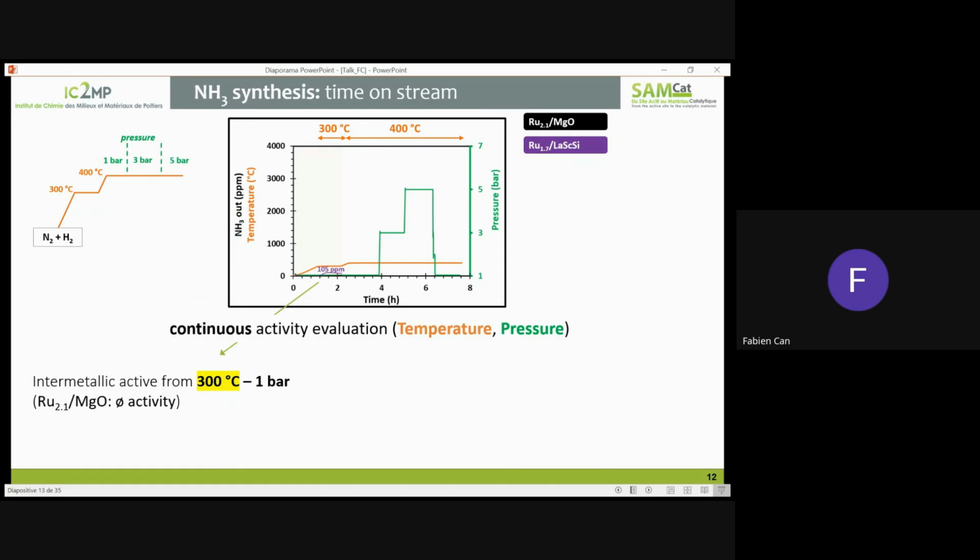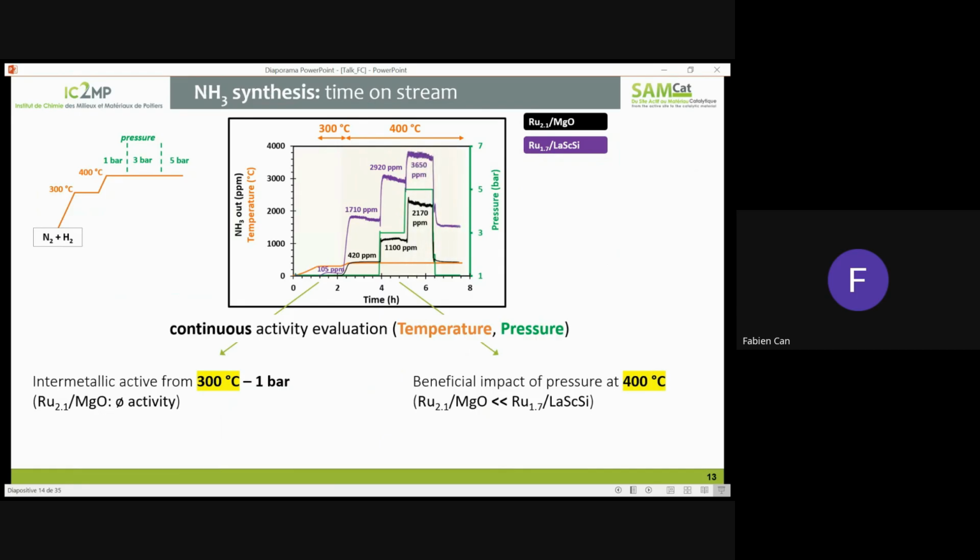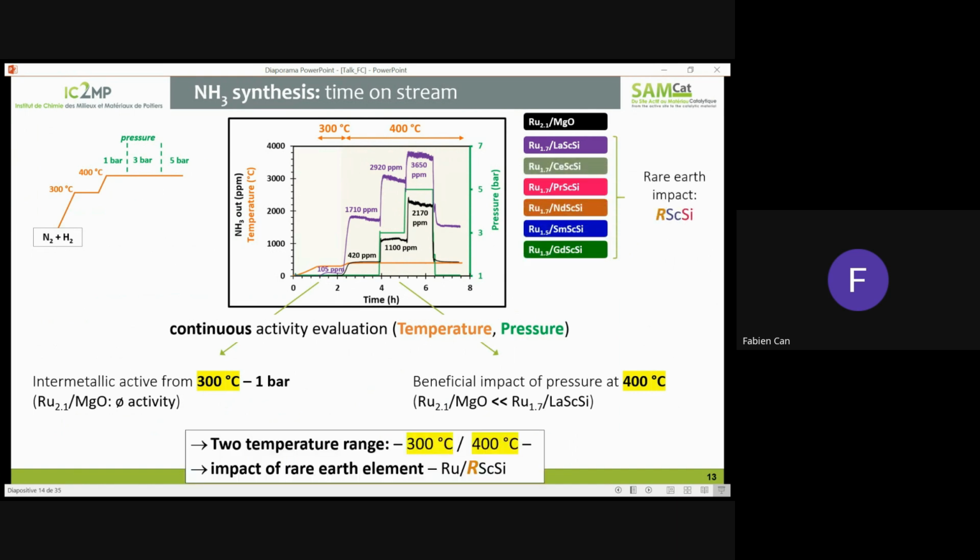After that, when we increase the temperature, we have a formation of ammonia, of course, in a very important amount, and the intermetallic sample presents higher performances compared to the MgO catalyst, and there is also an important impact of the pressure. So these first preliminary results show that we can have two temperature ranges for the next part of the study: the low temperature, 300 degrees C, and the medium temperature, 400 degrees C.